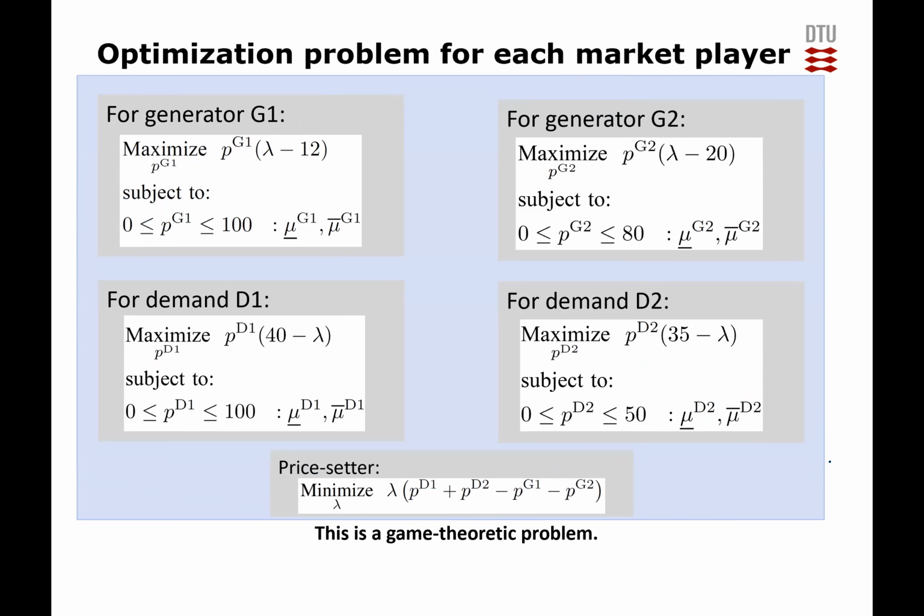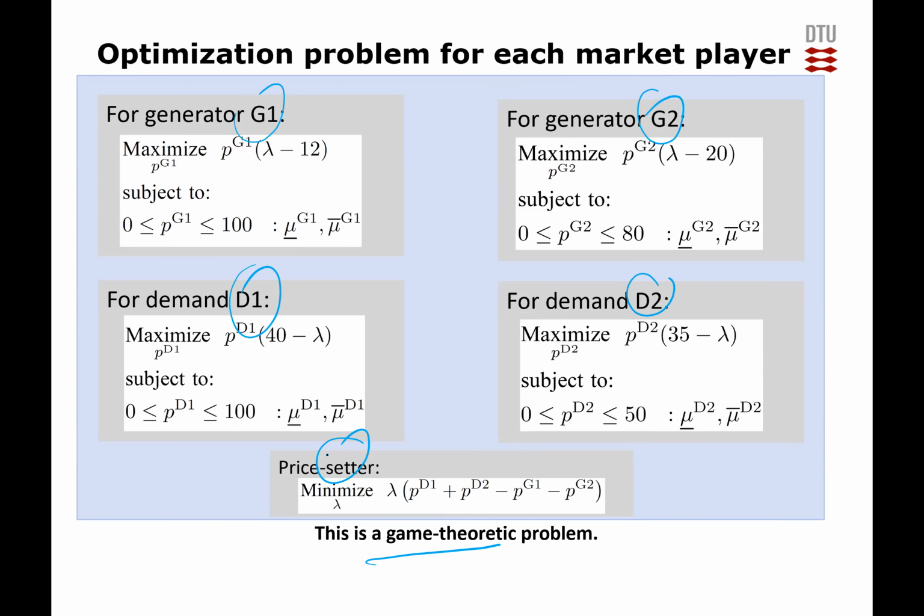So an equilibrium problem means we have a set of optimization problems that are linked and we cannot solve them separately. We need to solve a set of optimization problems together. We call it an equilibrium problem. Or it's also a game theoretic problem because we have 5 players.